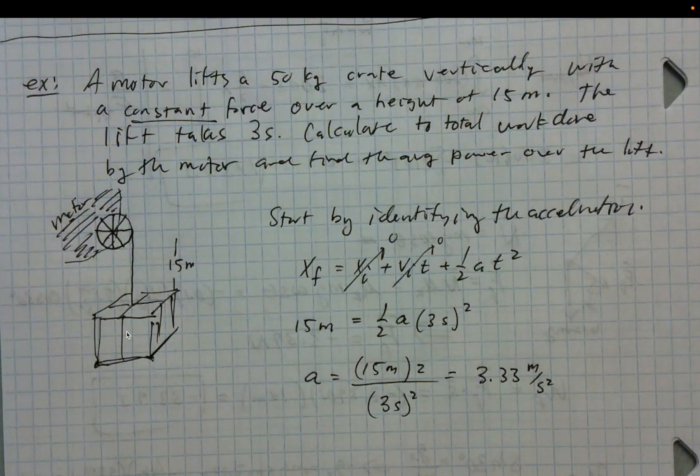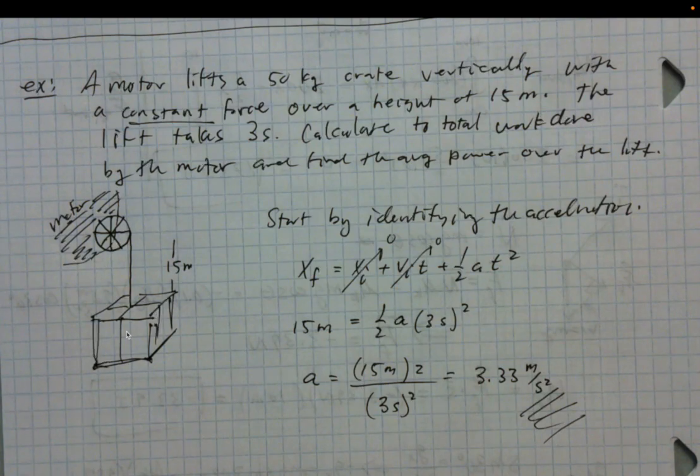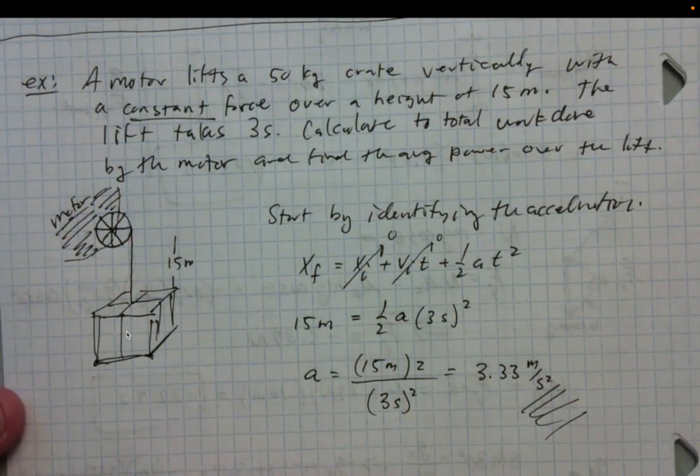Once we know the acceleration, we can calculate the total force applied by the motor. If you think about it, the motor is going to have to overcome gravity. It's pulling upward, so it has to oppose gravity. In addition, it has to oppose gravity enough to generate the required acceleration. Let's think about Newton's second law.